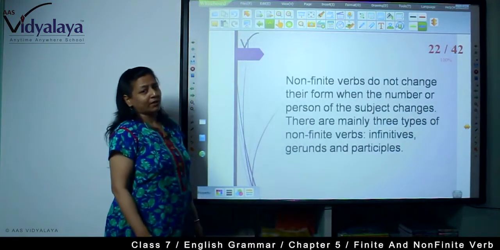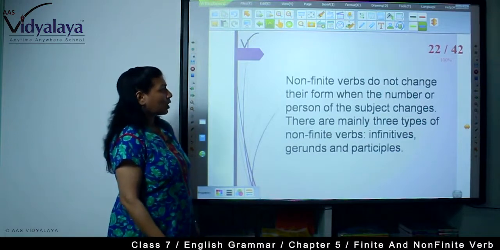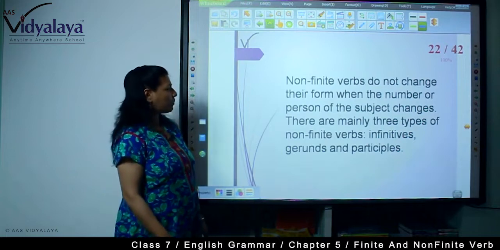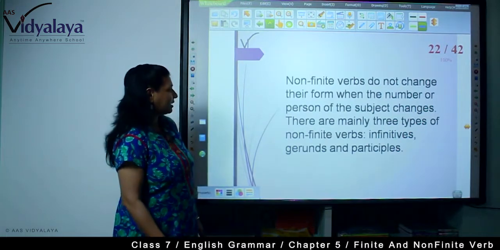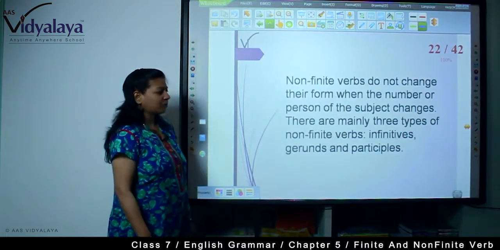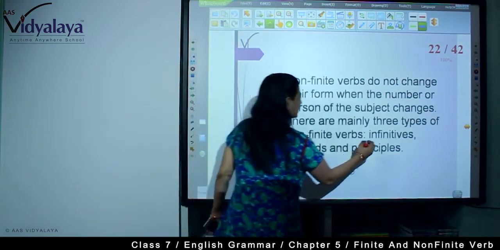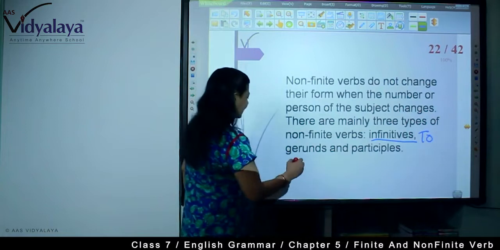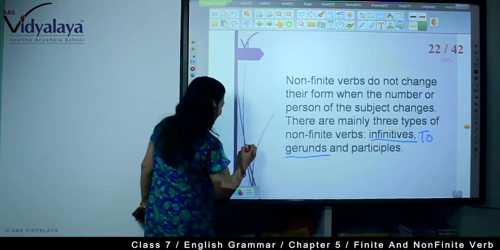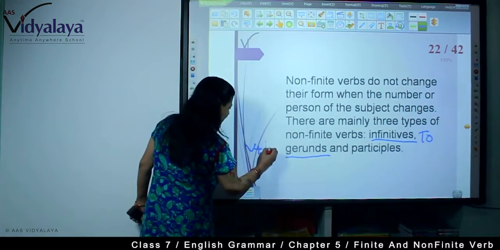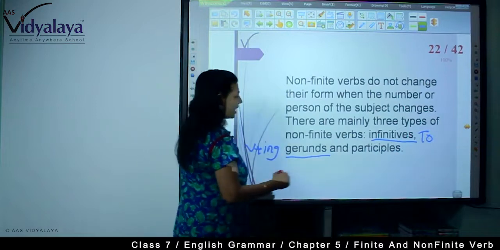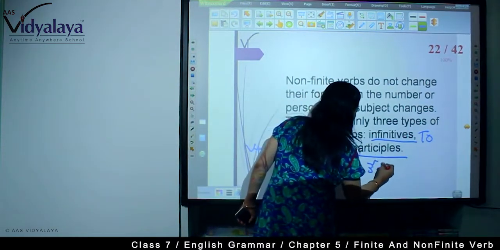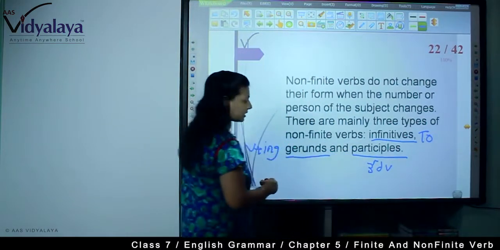Now comes non-finite verbs. Non-finite verbs do not change their form when the number or person of the subject changes. There are mainly three types of non-finite verbs. That is infinitives, that is "to" with the verb; gerunds, always ing with the verb; and participles, always the third form of the verb, right?